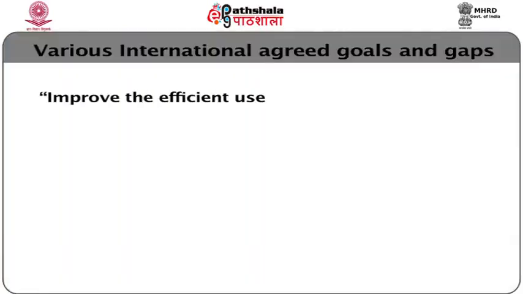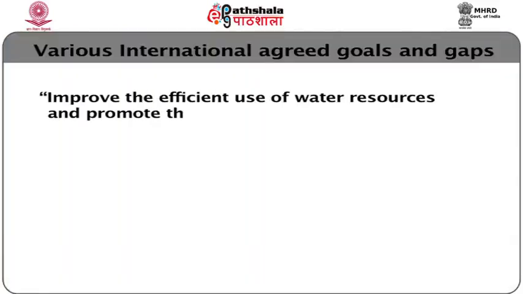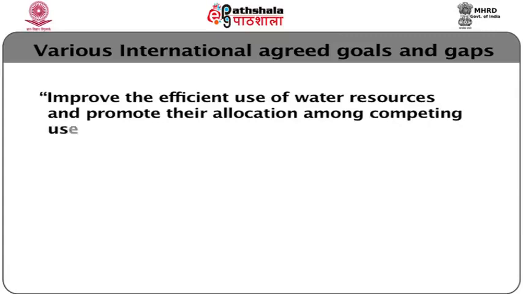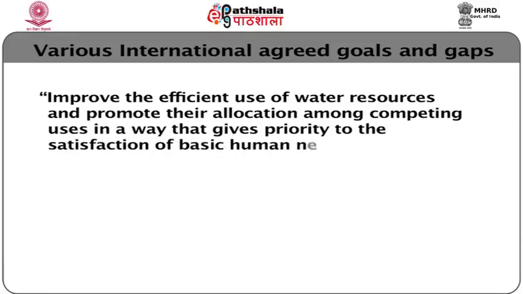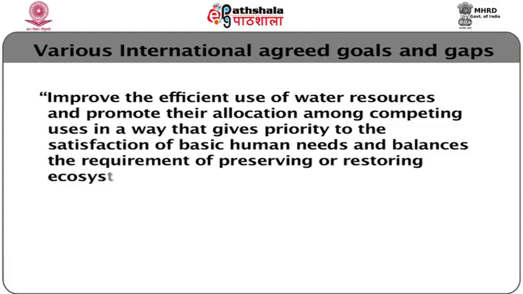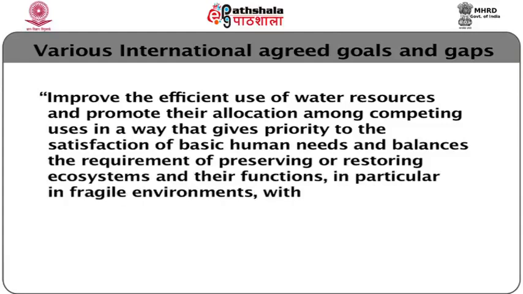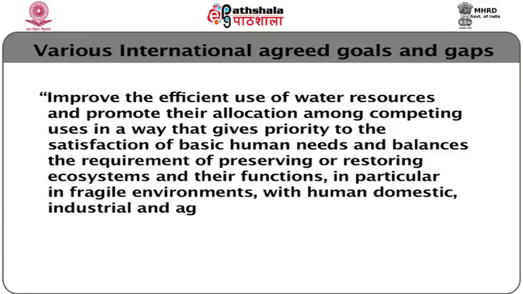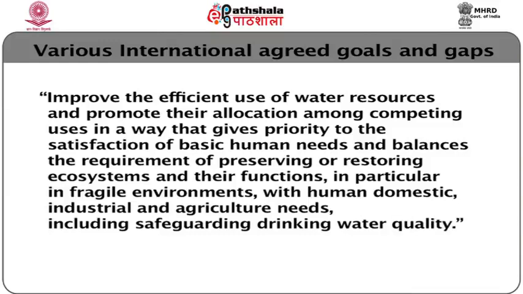The paragraph says to improve the efficient use of water resources and promote their allocation among competing uses in a way that gives priority to the satisfaction of basic human needs and balances the requirement of preserving or restoring ecosystems and their functions, in particular in fragile environments, with human domestic, industrial and agricultural needs, including safeguarding drinking water quality.